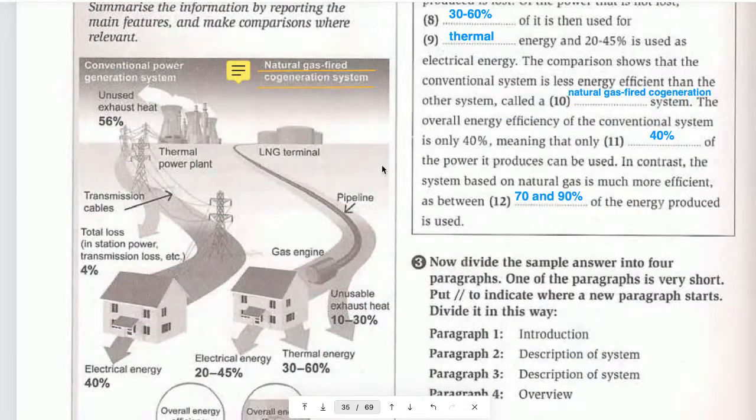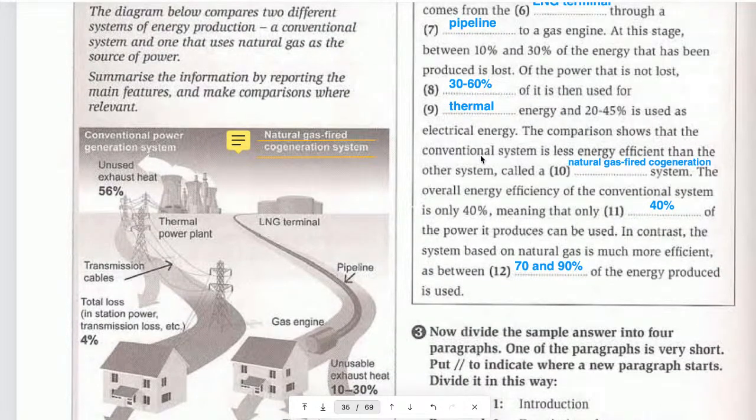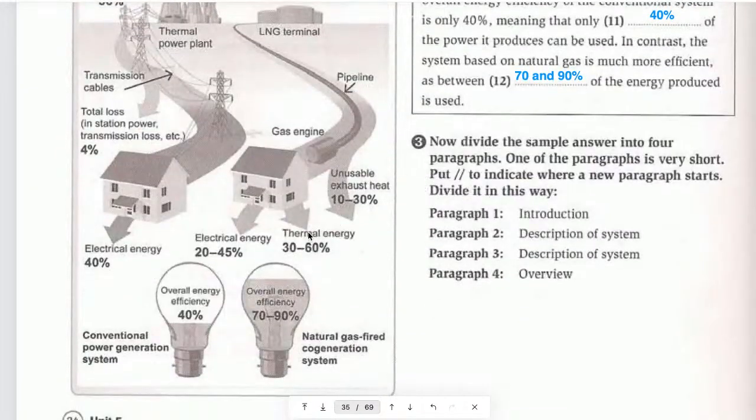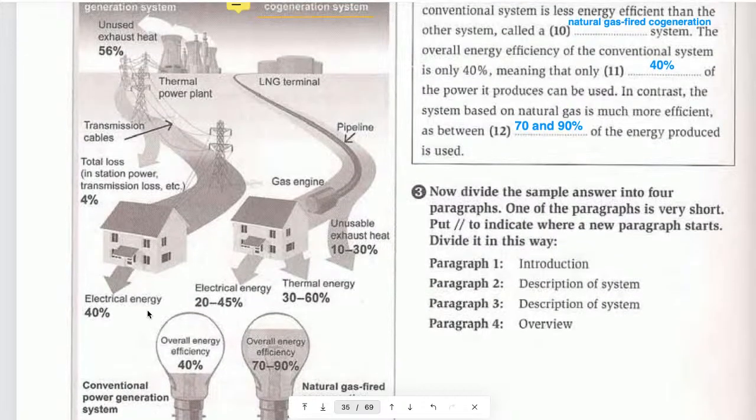We can see it right there: thermal energy 30 to 60%, and electrical energy 20 to 45%.